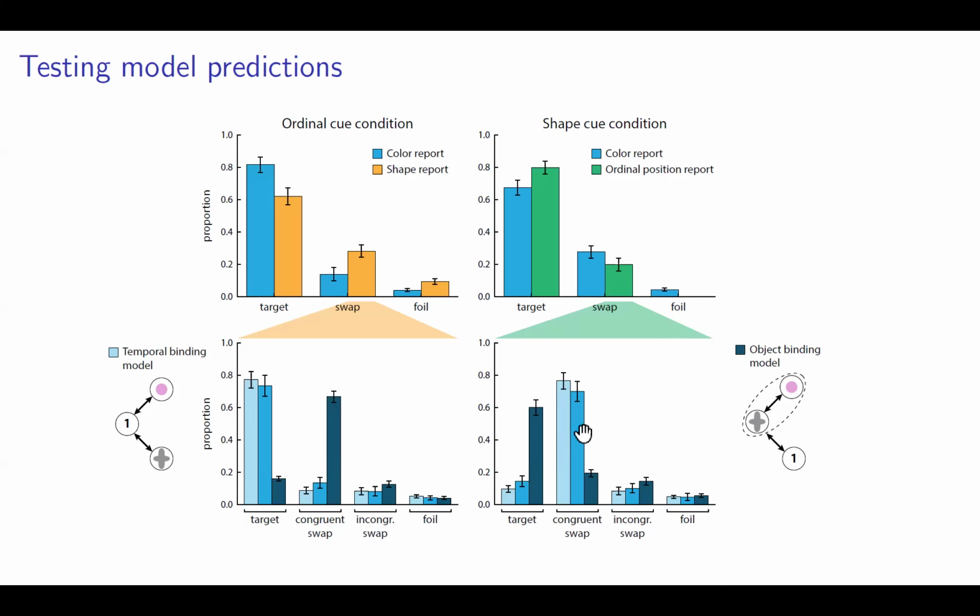That confirms, and is also supported by, formal model comparison using these kinds of confusion matrices to predict the response, and fitting the models shows a much higher likelihood for the temporal binding model than the object binding model.